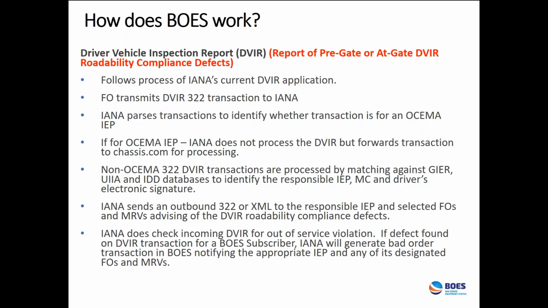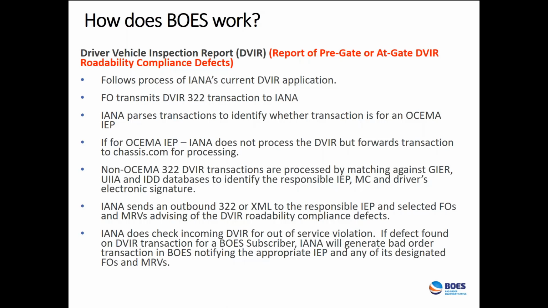The only thing we would do, however, is if the IEP is also a BOES subscriber and they have asked us to generate a bad order transaction for a DVIR where there's a defect that puts the unit out of service, we would generate that transaction in the BOES application before we forward it to chassis.com for processing.